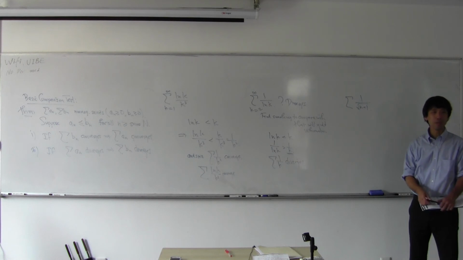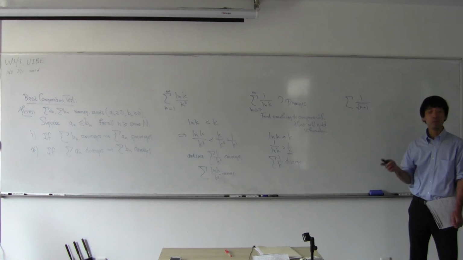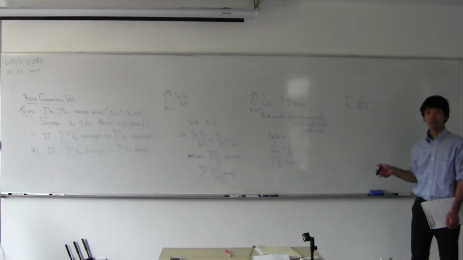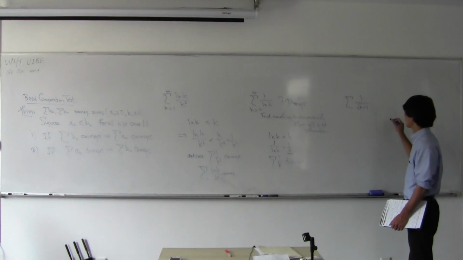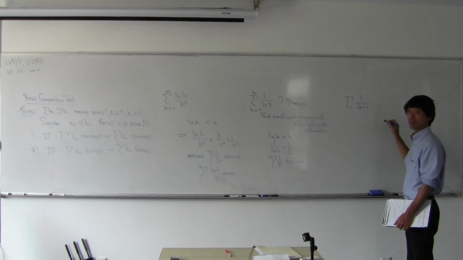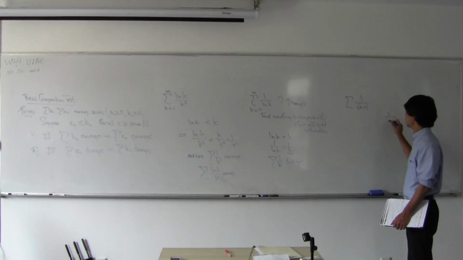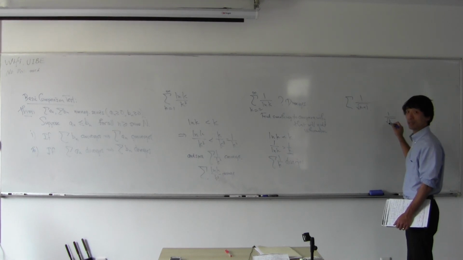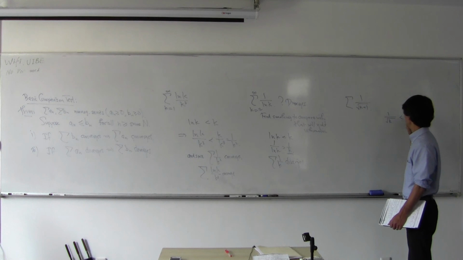So how do you show it's divergent? By using the comparison test, you want to find something smaller that's also divergent. So what do you use that's smaller? 1 over root k? Is that smaller than 1 over root k plus 1?